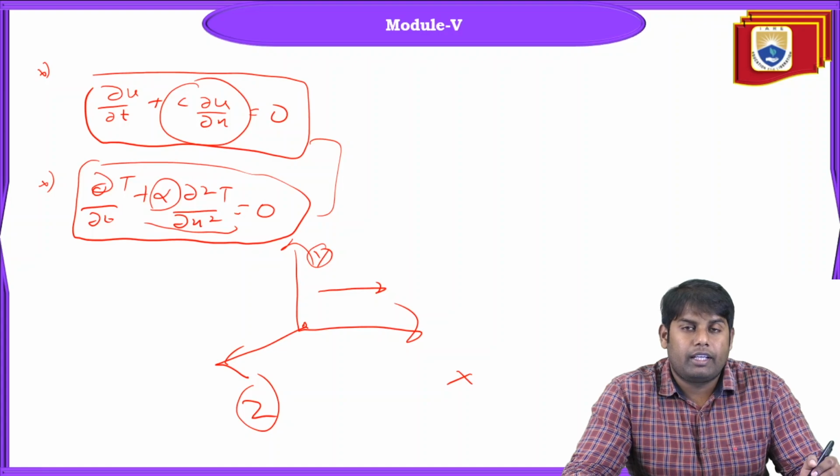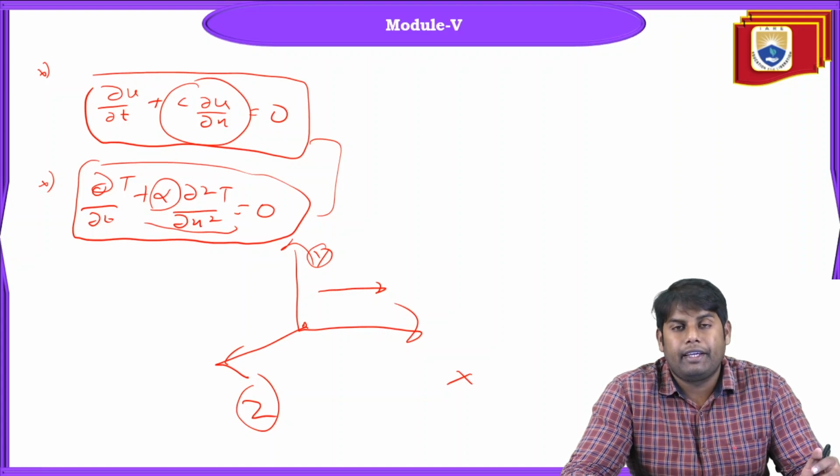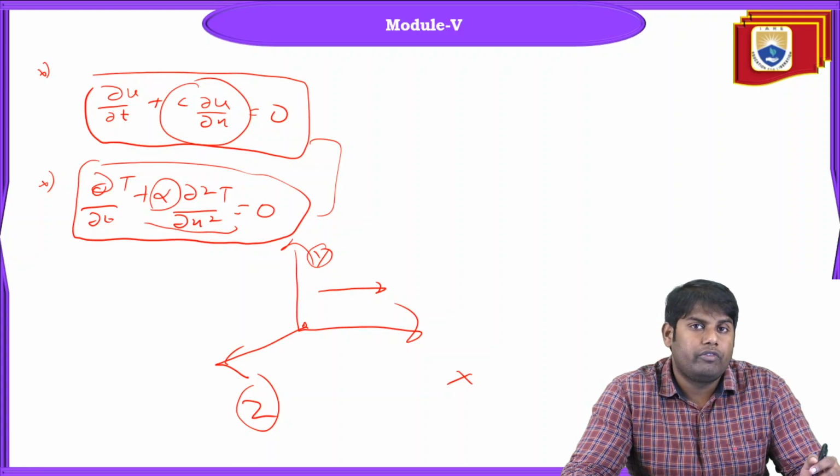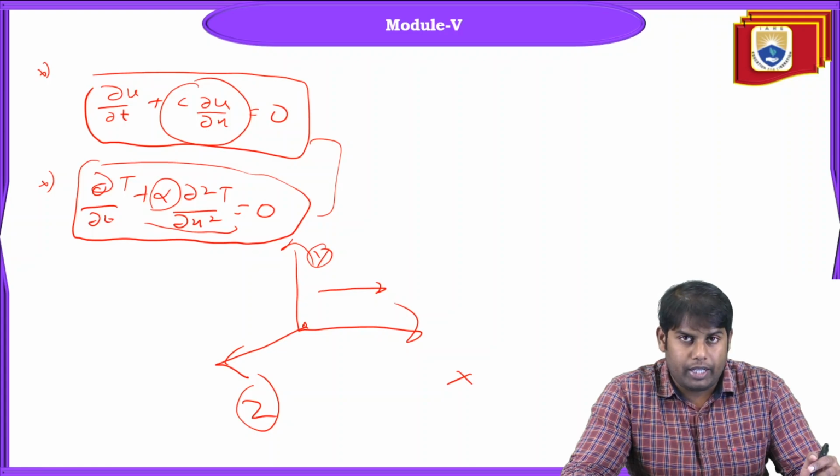Pure examples of convection diffusion phenomena are the smoke coming out of a car or bike, or the smoke coming from an industrial chimney. So what happens?